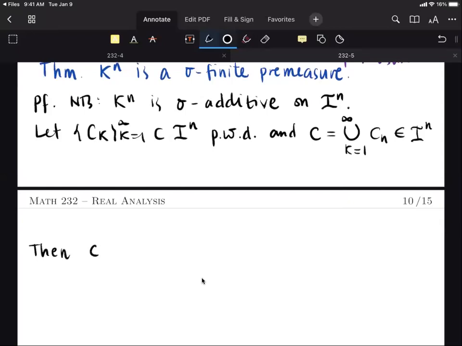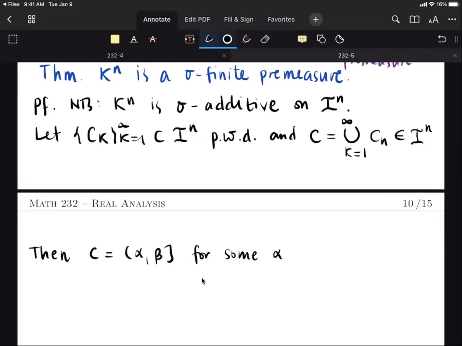this means that C can be written as alpha beta for some alpha and beta in Rn, and without loss of generality, we suppose that alpha is strictly less than beta.